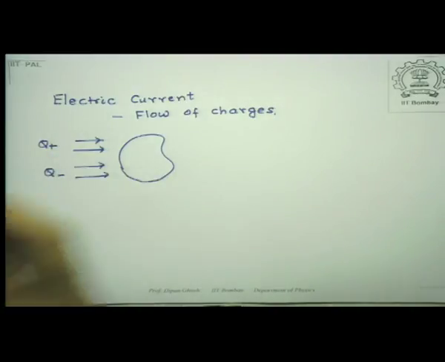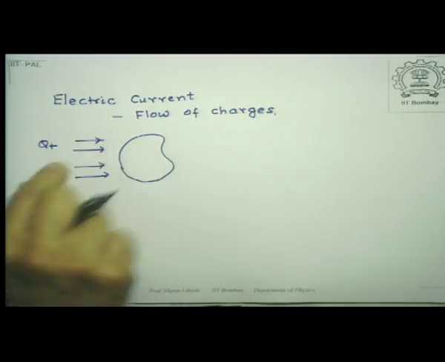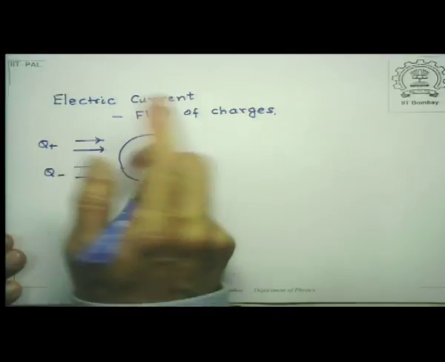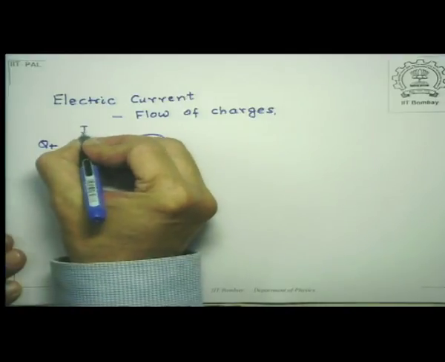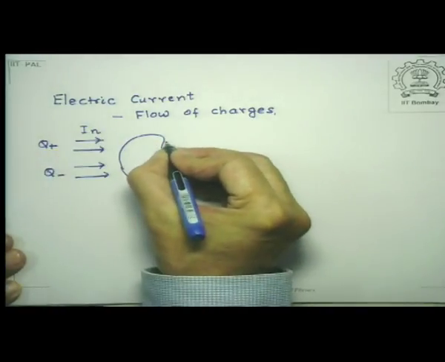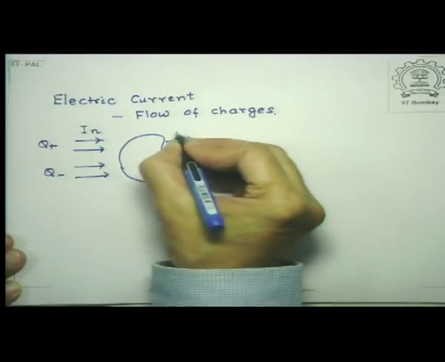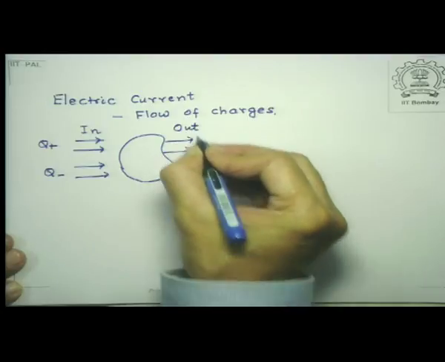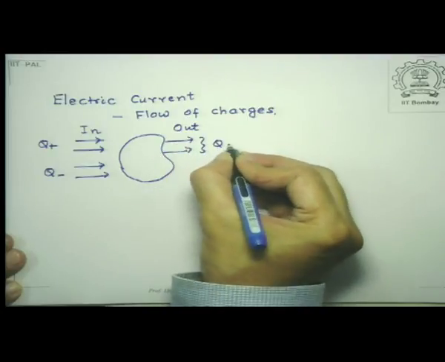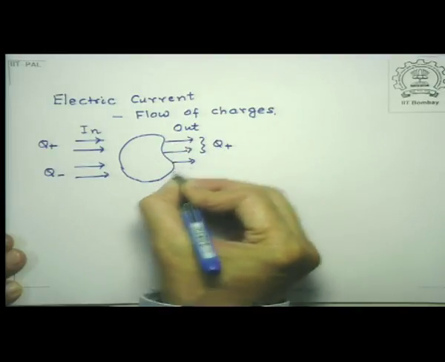Whatever enters that surface comes out. So this is the charge in, and they are coming out on the other side of that surface. This is my charge out, obviously that is also equal to Q plus, and this is the Q minus.